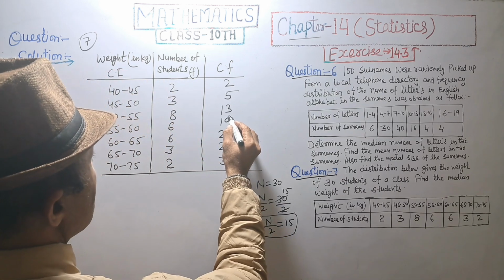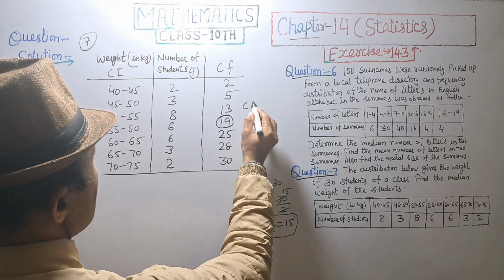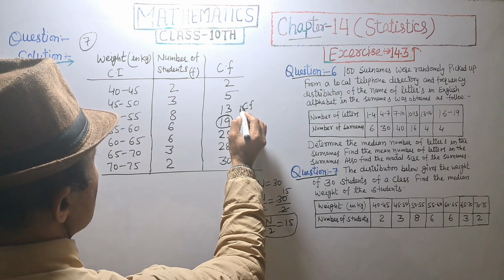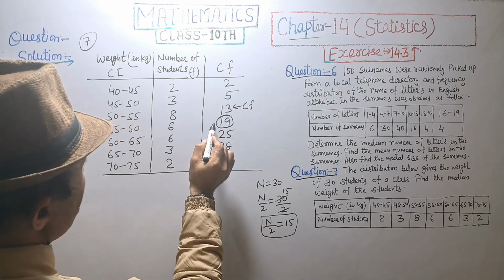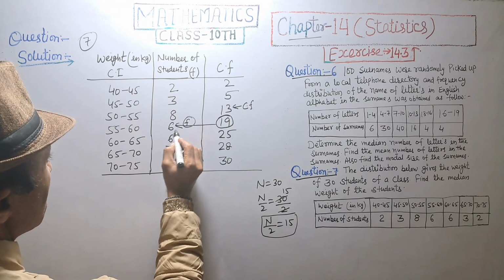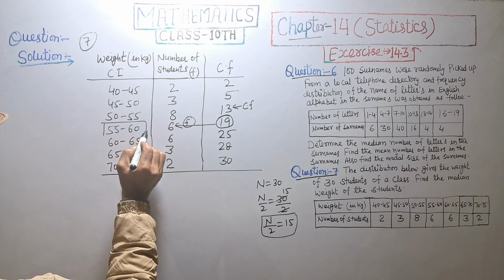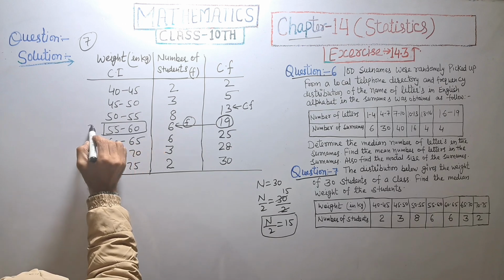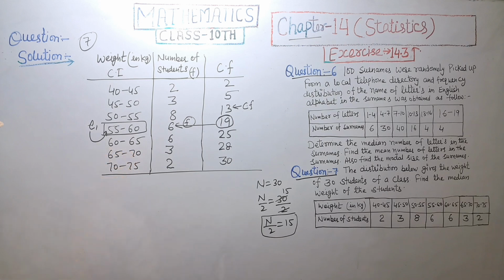15 lies in cumulative frequency here, but CF is 13 and F is 6 and class interval, that is L1, is equal to 55.